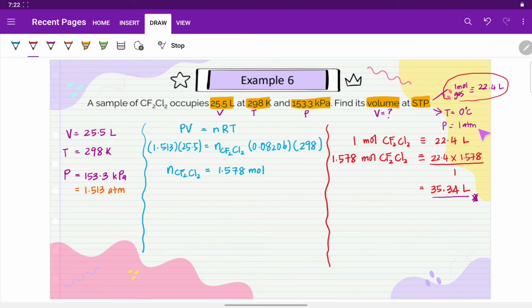So dekat sini cuma awak kena keluarkan maklumat. Awak kena tahu yang mana temperature pada STP is 0 degree Celsius, 273.15. Pressure is 1 atm. Okay, so kiranya kita ada condition yang berbeza. So alternative, we can use the combined gas law.